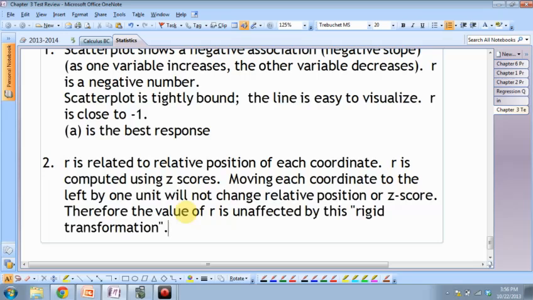Same thing, it's not going to change the z-scores in the y direction either. The only way to change that z-score would be to either spread the data out more or squish them together more. Or add or remove data would do it as well.